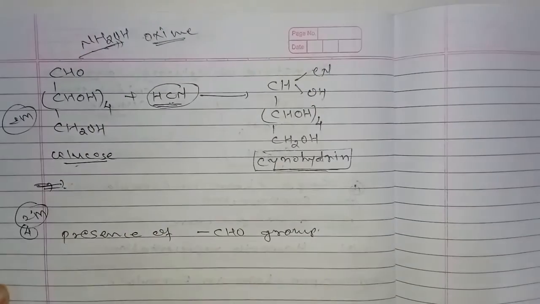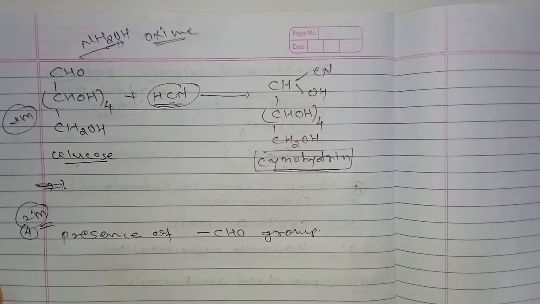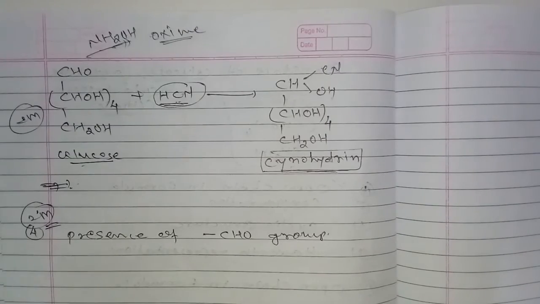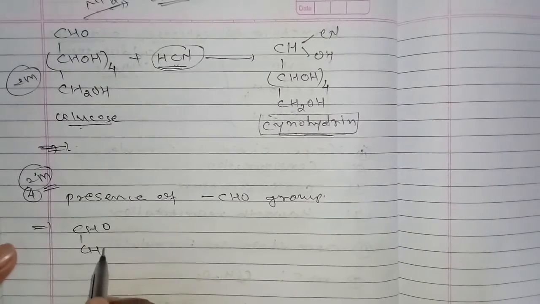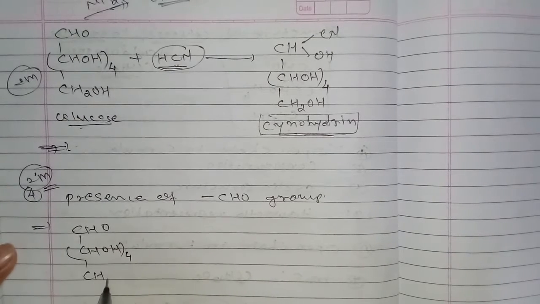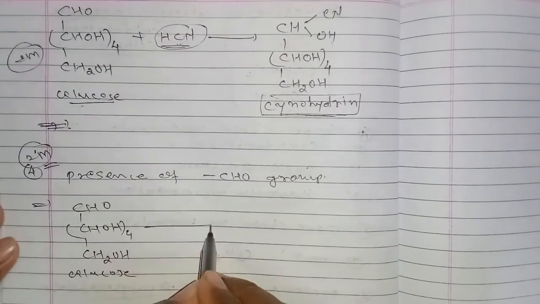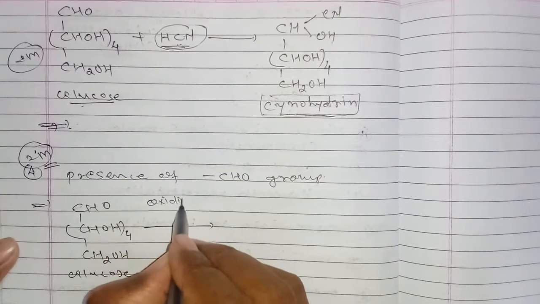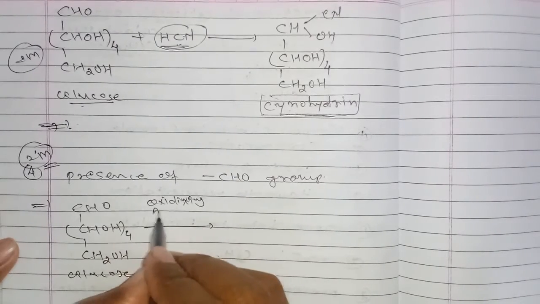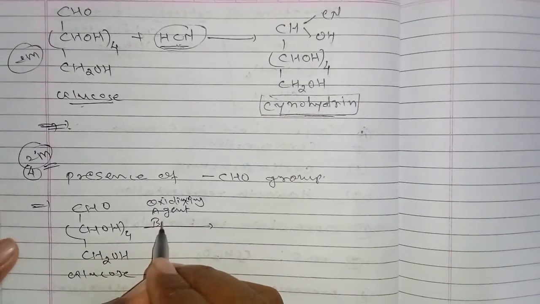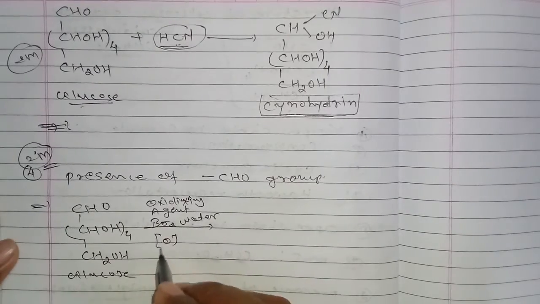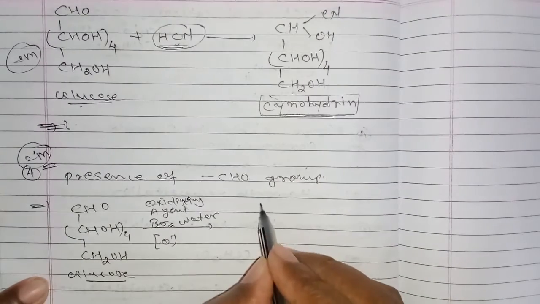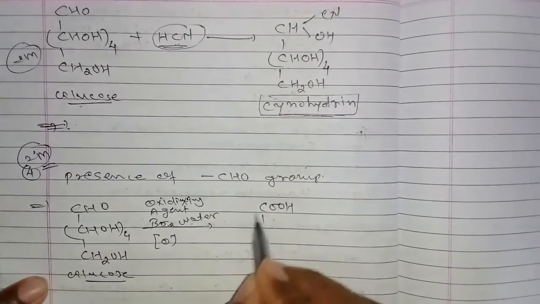Glucose reacts with an oxidizing agent like bromine water, it is oxidized and converted to gluconic acid, COOH.